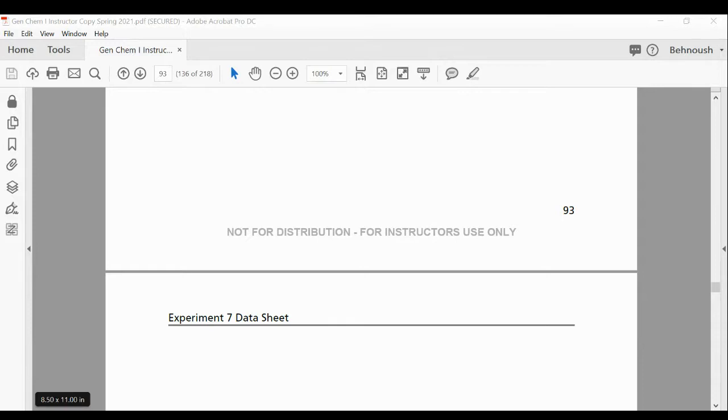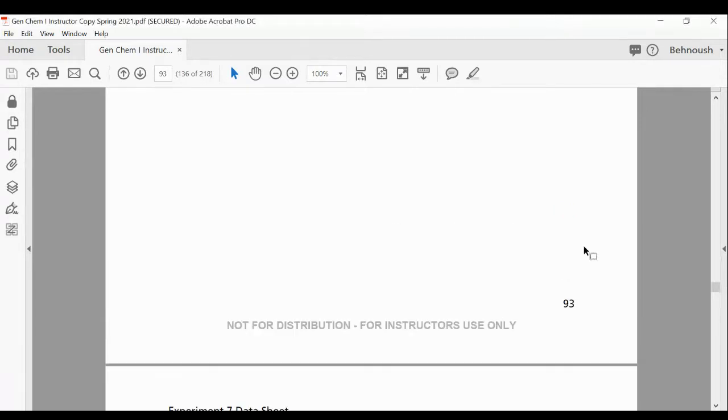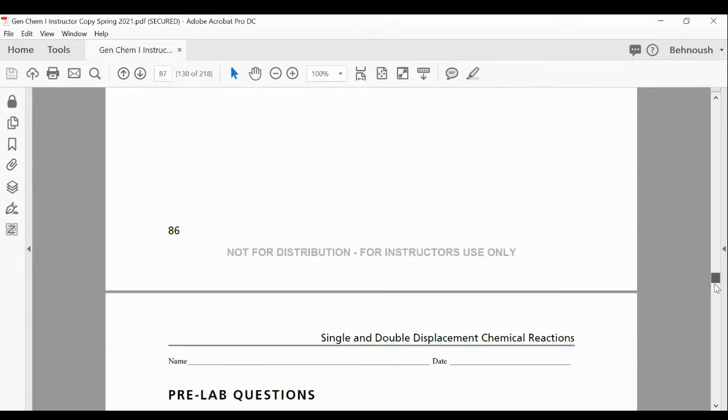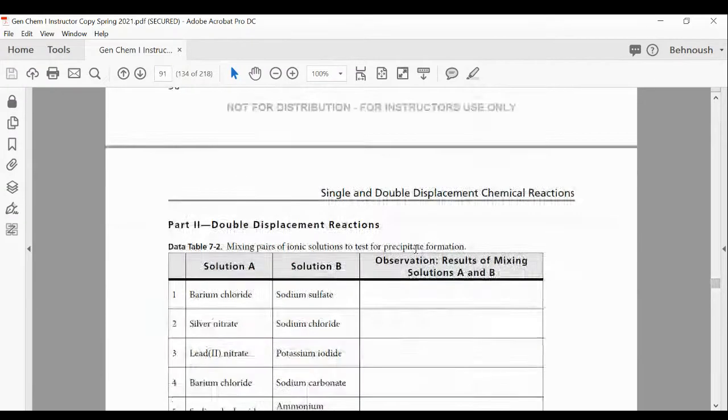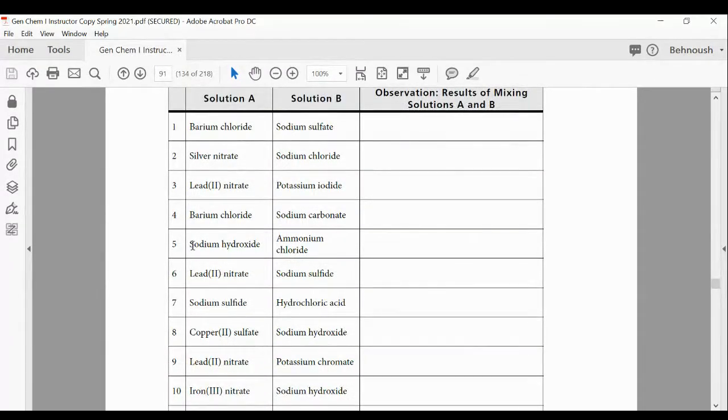And then the steps I give you, for example, reaction 5. For reaction 5, I would give you the sodium hydroxide and ammonium chloride. And I tell you, write the molecular equation, complete ionic equation, and net ionic equation.